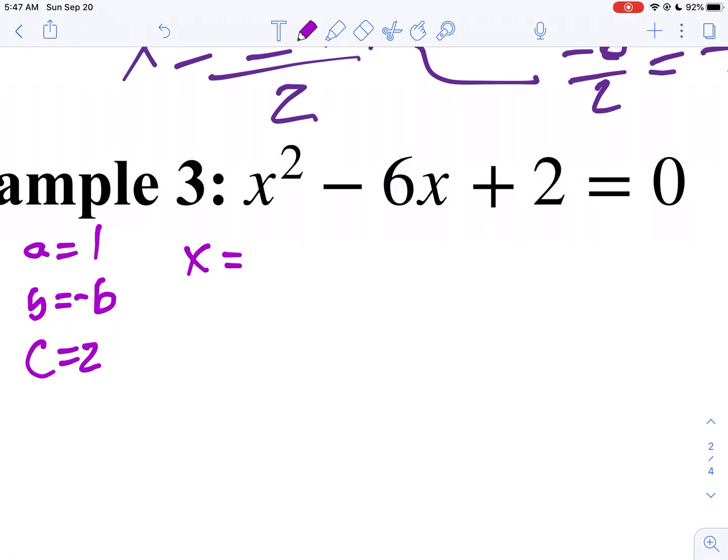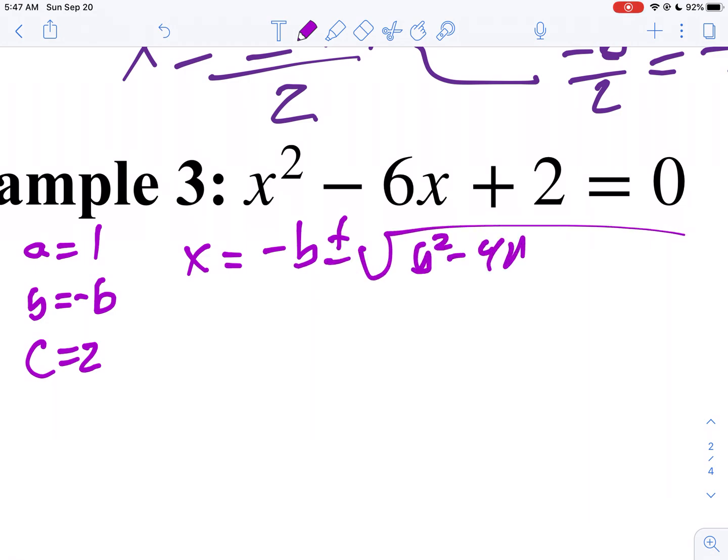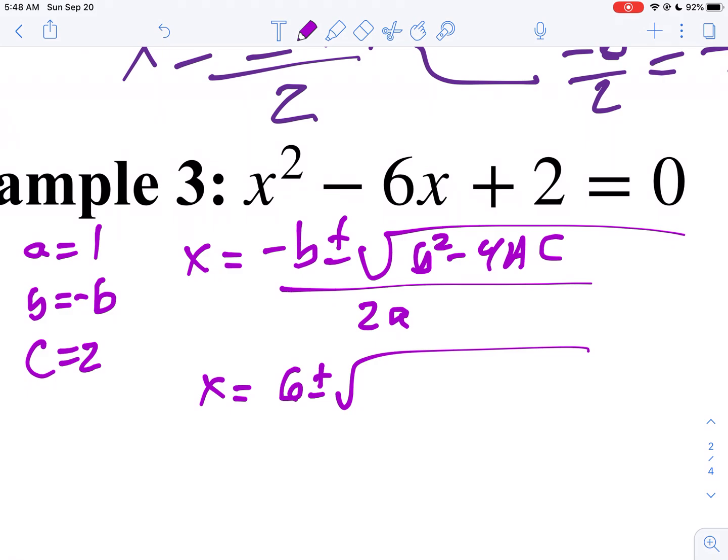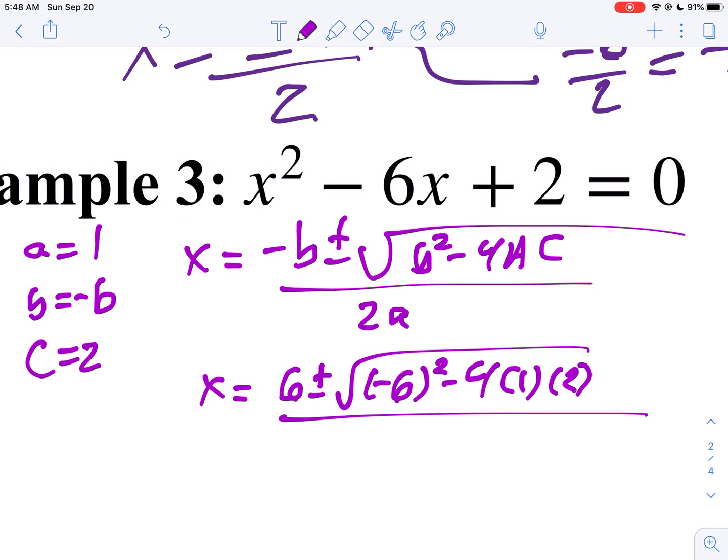So x equals negative b plus or minus the square root of b squared minus 4ac all over 2a. So we're going to do the opposite of negative 6, which is 6, plus or minus, this will be negative 6 squared minus 4 times 1 times 2. All over 2 times 1.